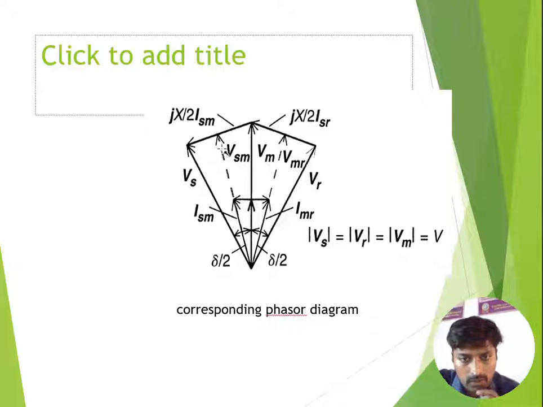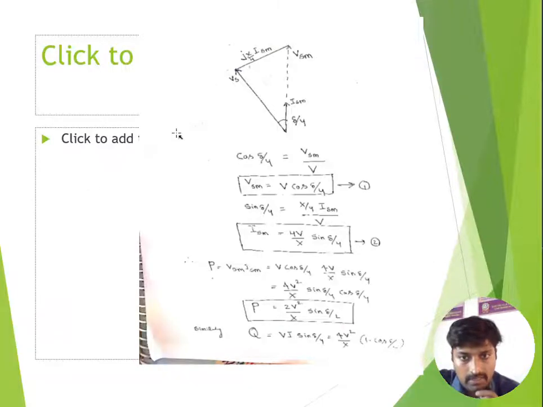Once you take this triangle, it is X by 4 again. You can clearly observe from this: this is Vs, this is VSM, the angle is delta by 4, and this is jX by 4 into ISM. From this you can find out ISM and VSM. So from this you can take the cos delta by 4 value and sin delta by 4 value.